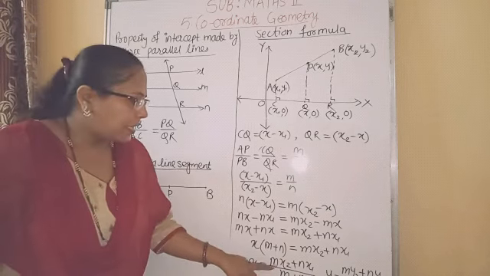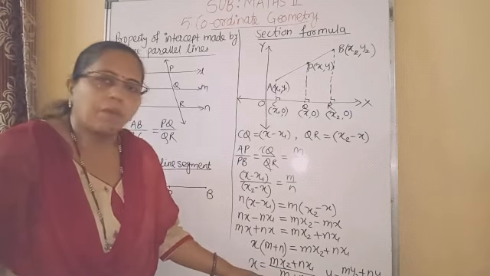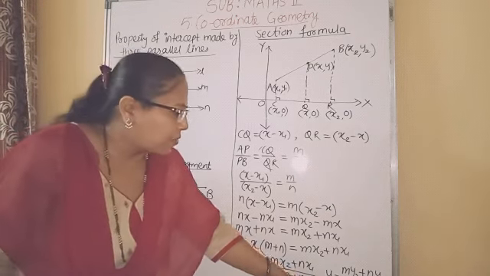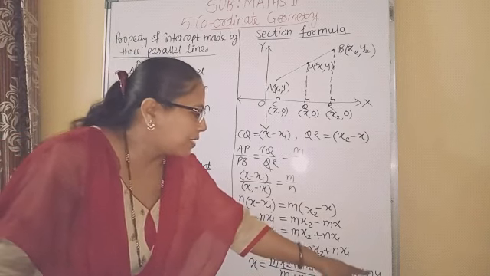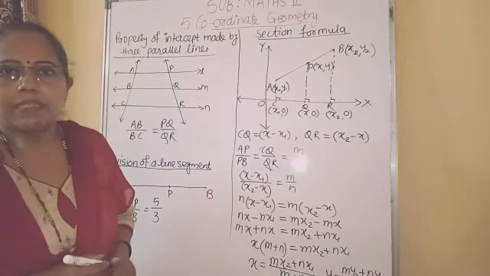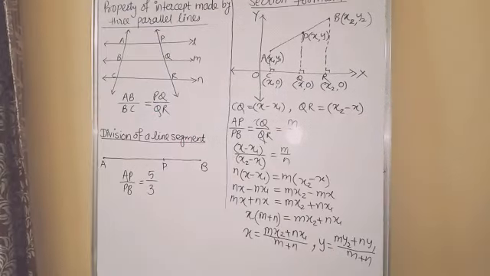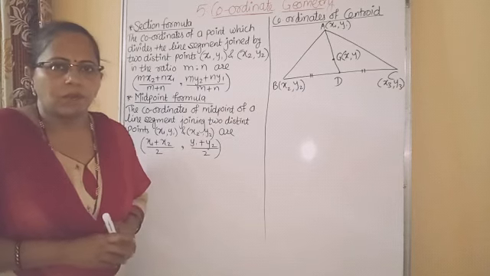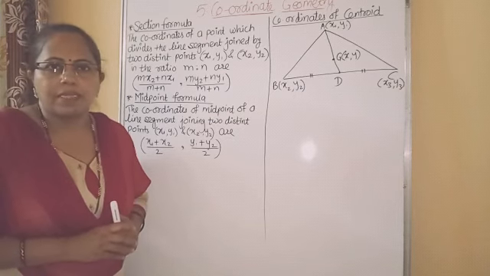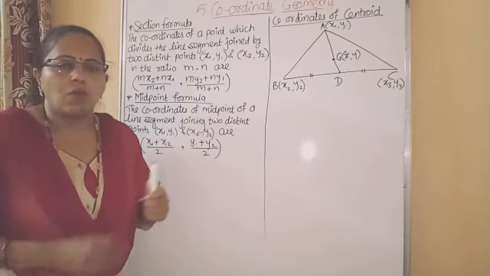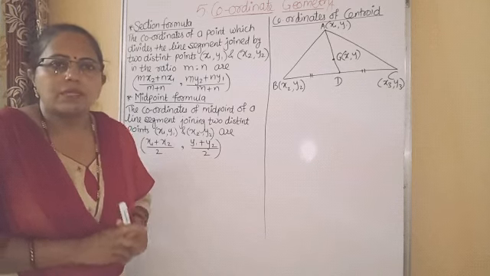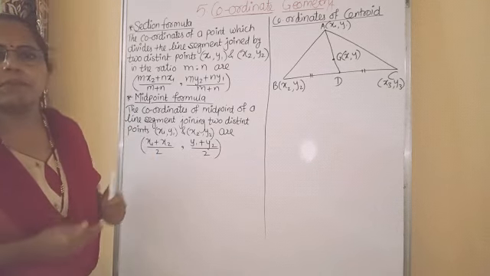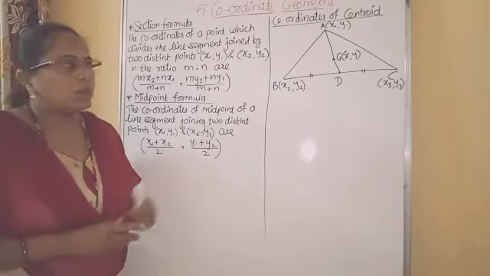The x coordinate is (m x2 plus n x1) upon (m plus n) and the y coordinate is (m y2 plus n y1) upon (m plus n). Followed? We studied the section formula. It is applied to find the coordinates of a point which divides a given line segment into a ratio.